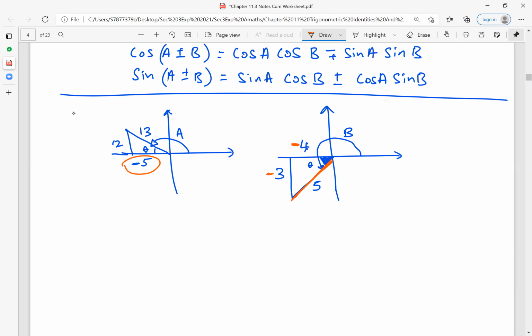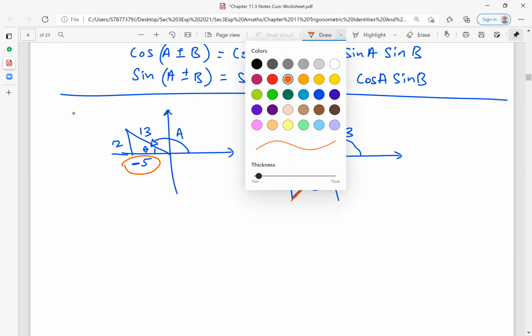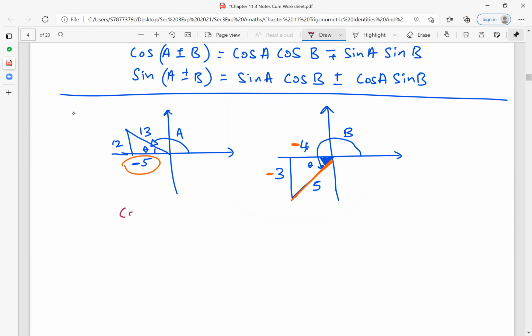So we need to find out, maybe we'll just find out what is cosine A here. What is cosine A here? Isaac? 12 over 13.